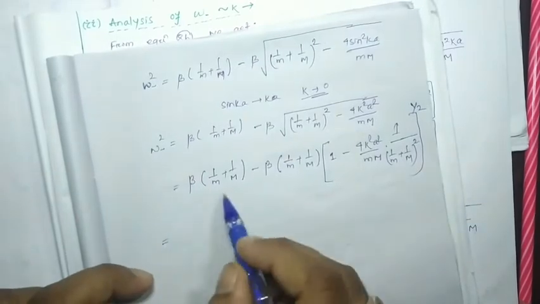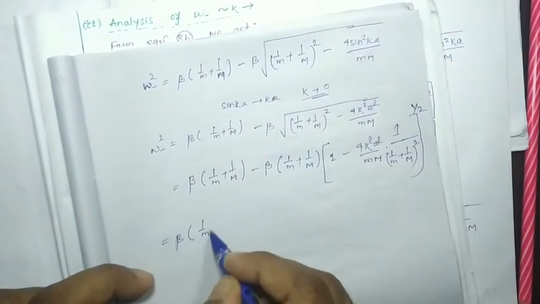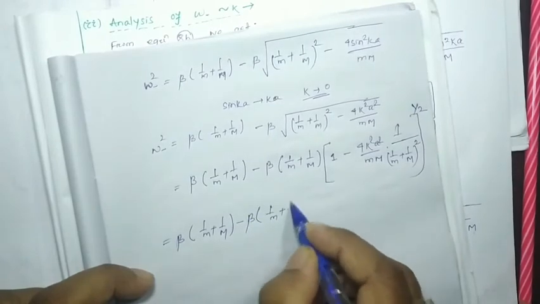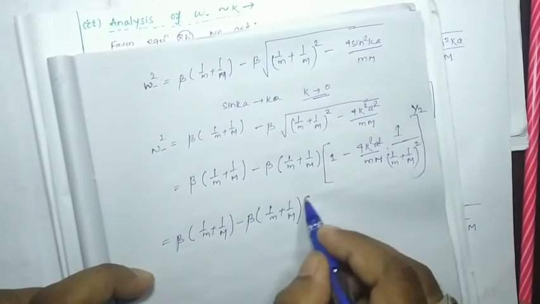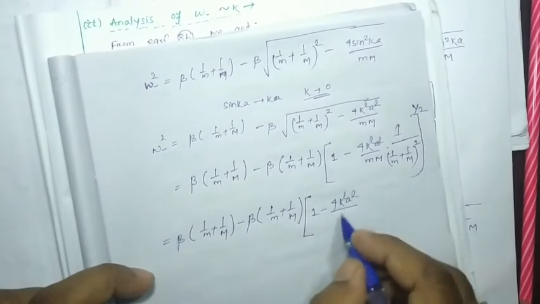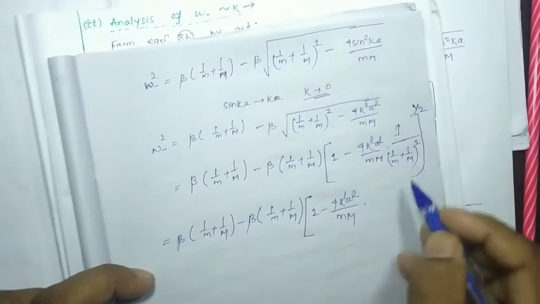So it will be beta into 1 by m plus 1 by capital M minus beta into 1 by m plus 1 by capital M, so it will be 1 minus 4 k square a square by m into M. So this will be how much?